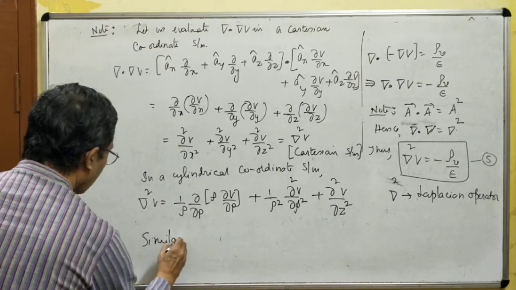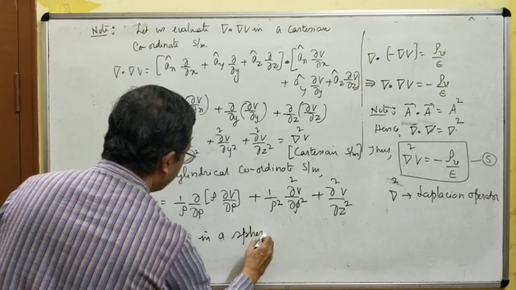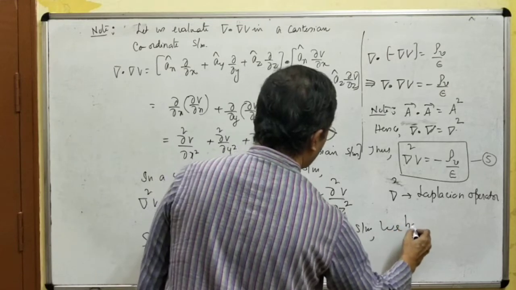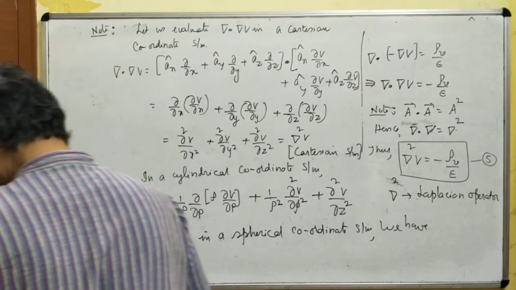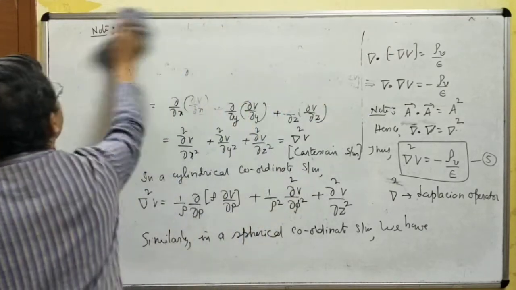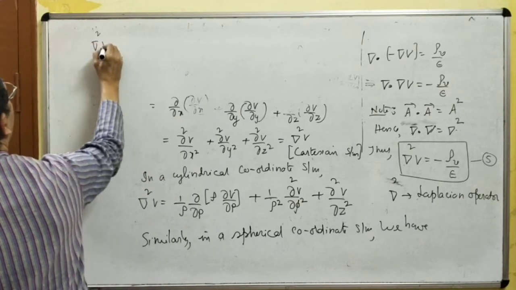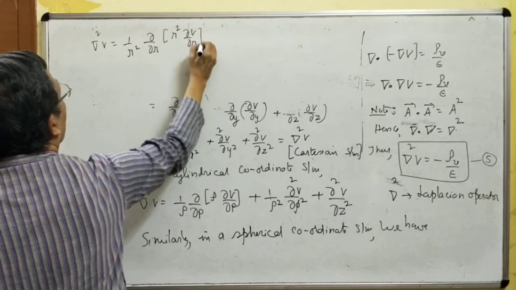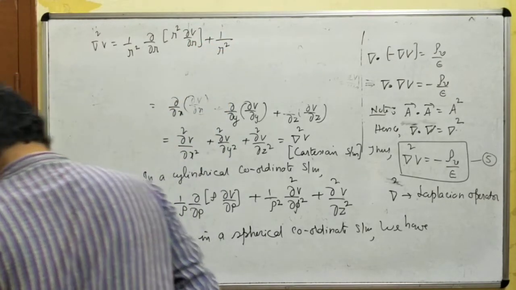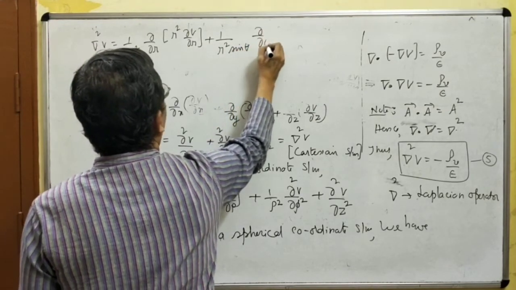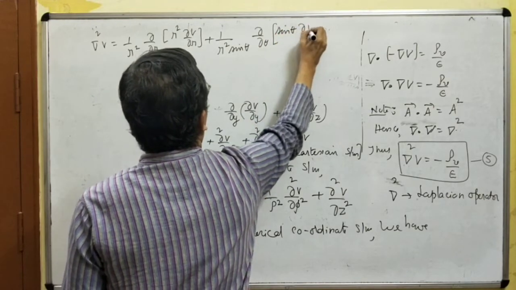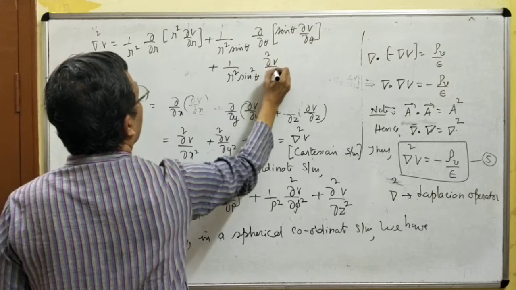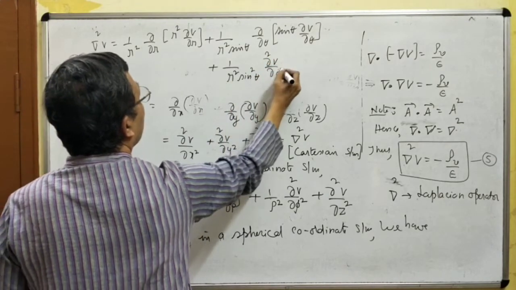Similarly, in a spherical coordinate system, del square V is equal to 1 by r square dou by dou r operating on r square into dou V by dou r, plus 1 over r square sin theta dou by dou theta operating on sin theta into dou V by dou theta, plus 1 over r square sin square theta multiplied by dou square V by dou phi square.